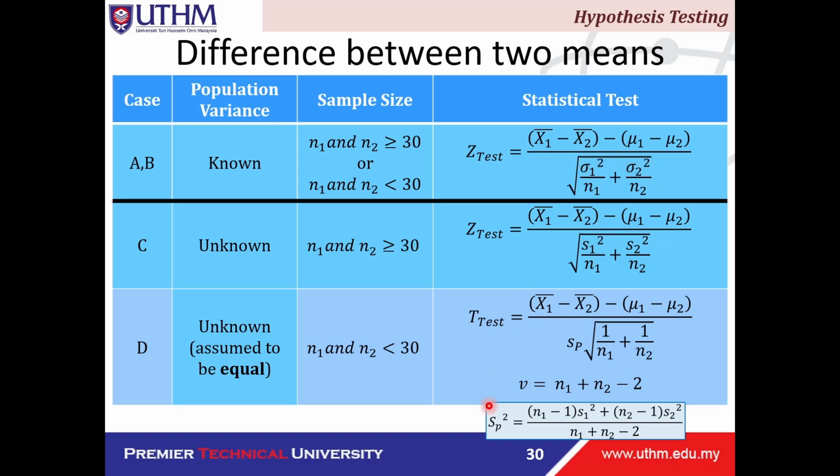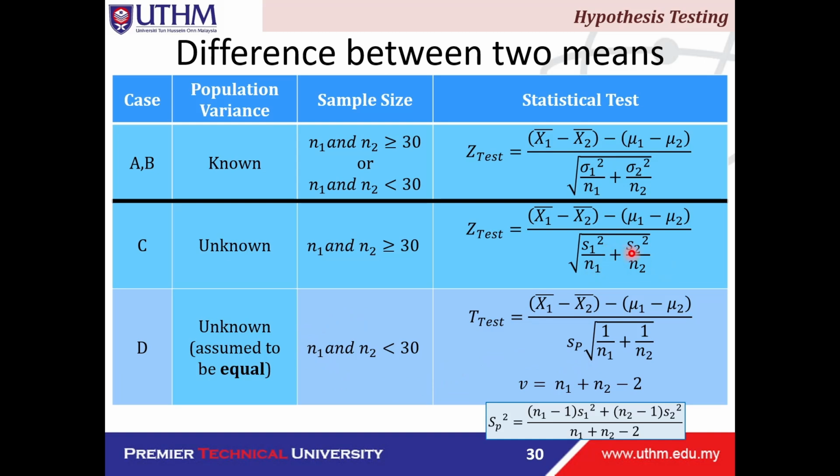In the third case, the population variance is unknown but assumed to be equal. So the z-test is replaced by the t-test because the sample sizes are less than 30.